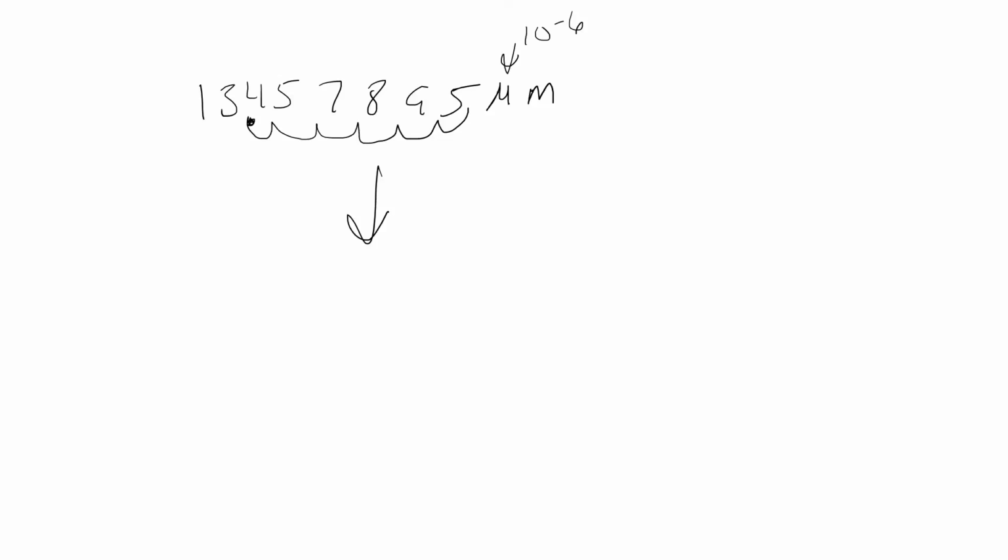So I'm right here. That's 13.457895 meters, because I've gotten rid of the micro and I'm stuck with the meters. Remember, it's 10 to the negative 6, so it's going to go the other direction.